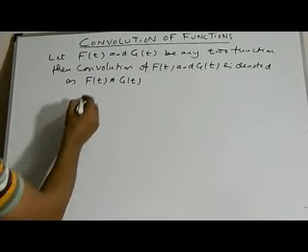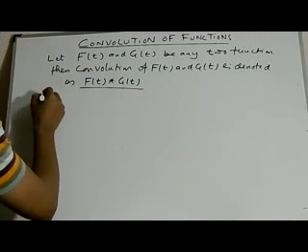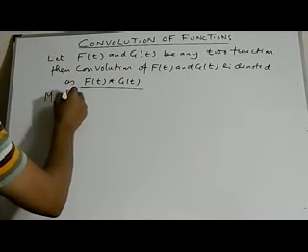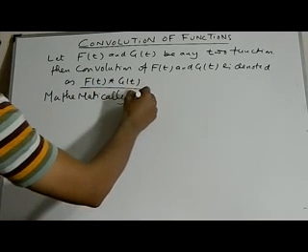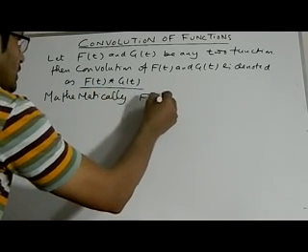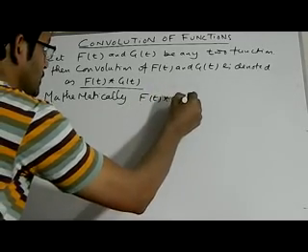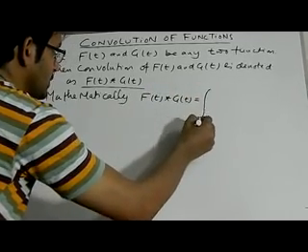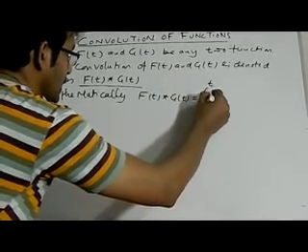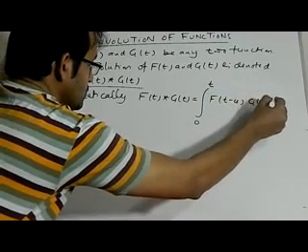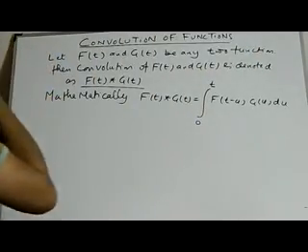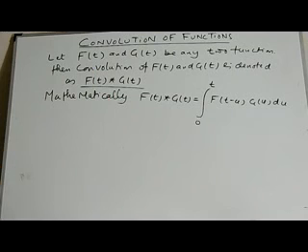It is the notation. Now mathematically, f(t) star g(t) is defined as the integral from 0 to t of f(t minus u) g(u) du. This way we define the convolution of two functions.